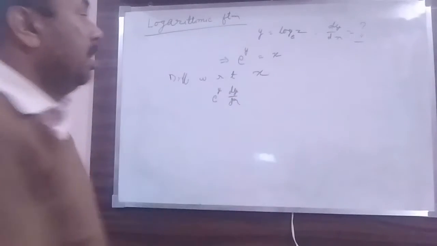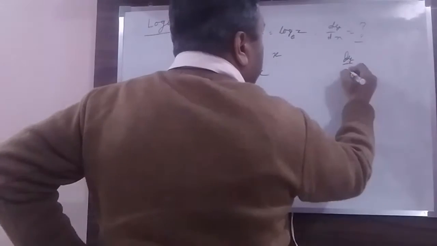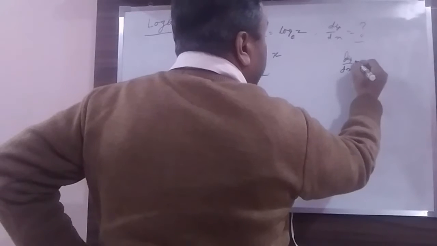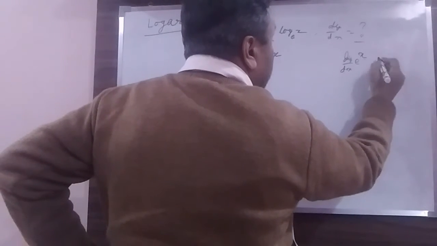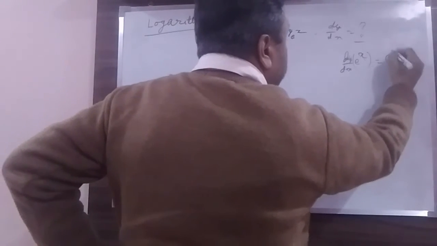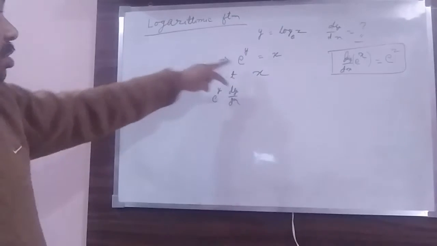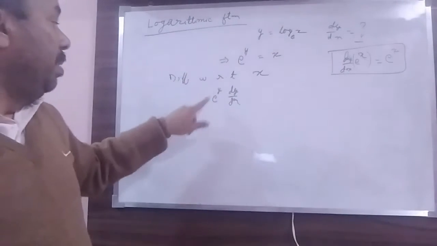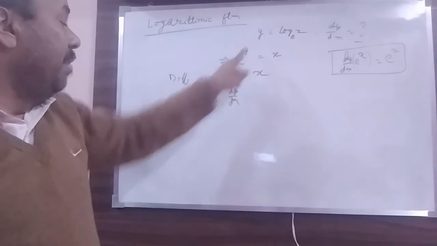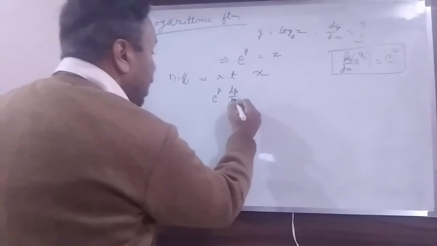Why? Because you know that d by dx of e raised to the power x is simply e raised to the power x only. This you must have done earlier also. Similarly, when I differentiate e raised to the power y, it will be e raised to the power y, and then y will also be differentiated, so dy by dx.